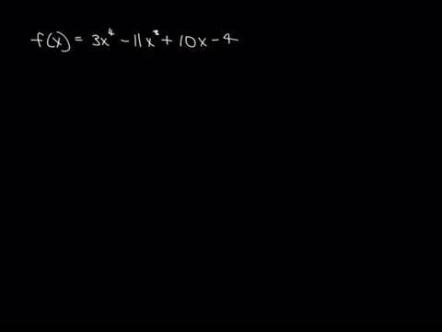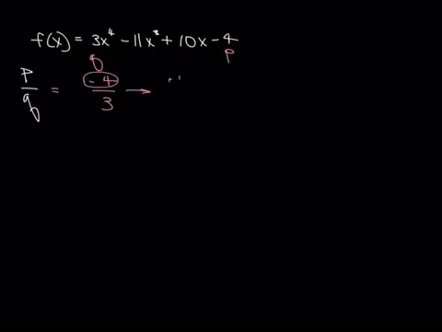Okay, so the rational zeros theorem says that if we take a p over q, the p would be the last number, and the q would be the first number. And we write this as negative 4 over 3. And if we write all of the possible factors of 4 and 3, in this case, what numbers multiplied together give me negative 4?